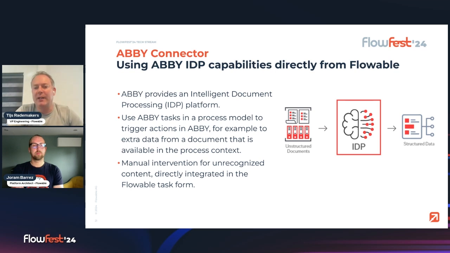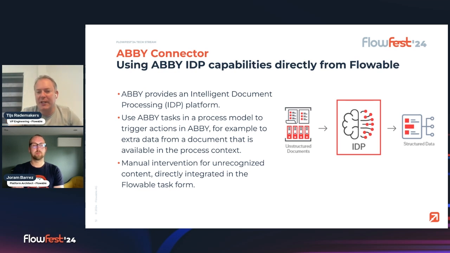And then you can use that in your case and process models to work with. And what Flowable has is you can work with an Abbyy task and then define which documents should be sent to Abbyy to get this structured data from Abbyy.